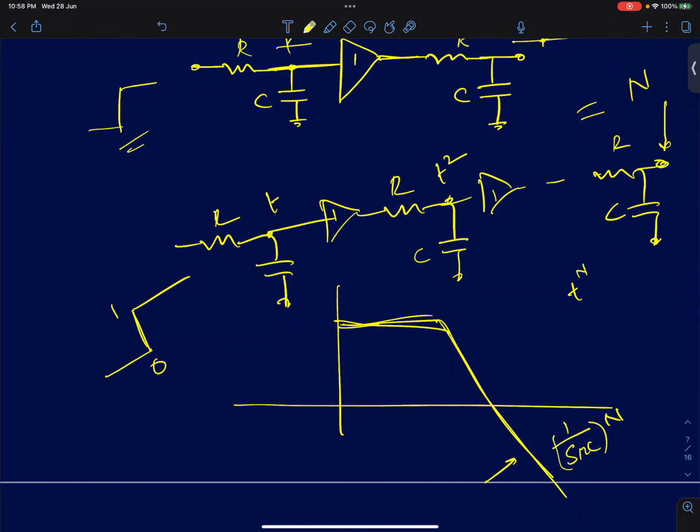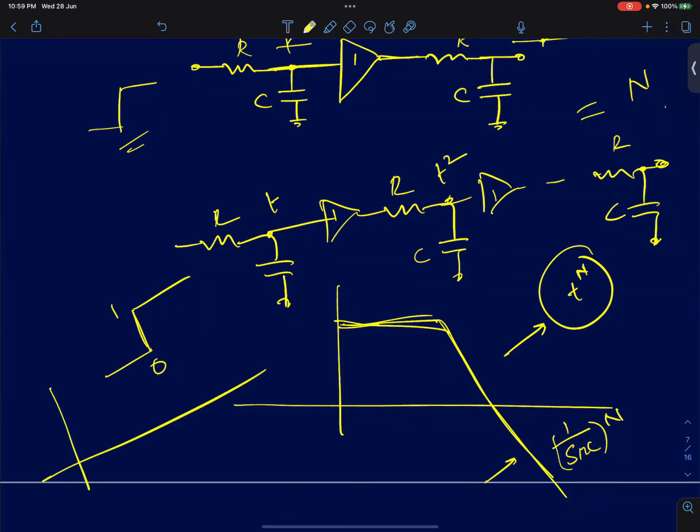So the shape is going to be an nth order ramp function, or a t power n. It's an nth order time domain polynomial. That's the shape of this function at t equal to 0, or for sudden transients. So it's going to start like this.